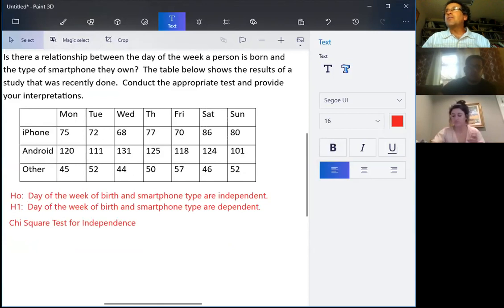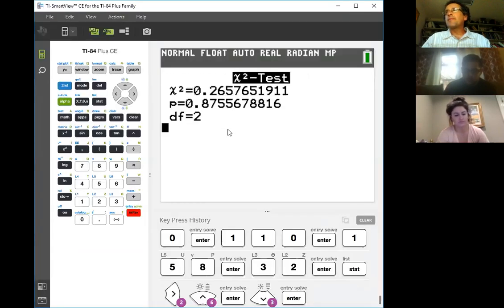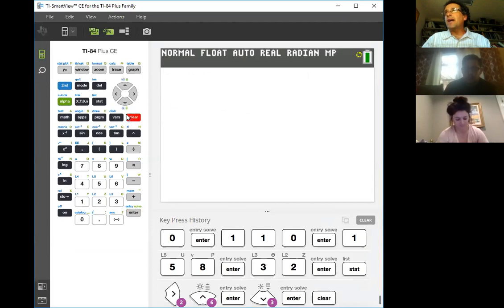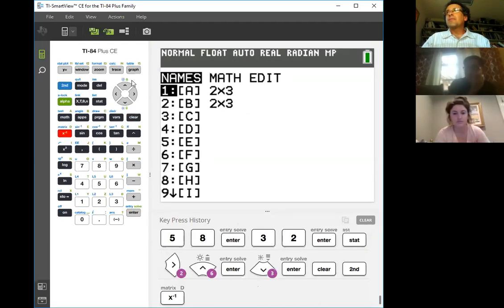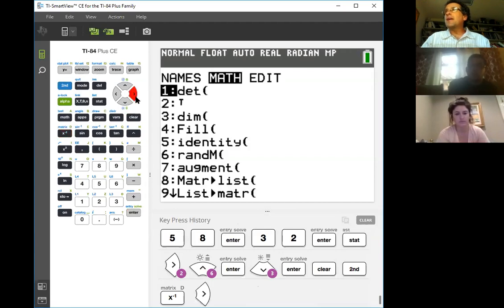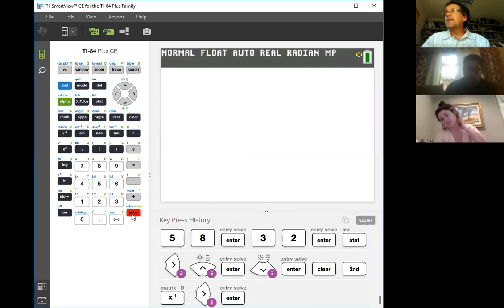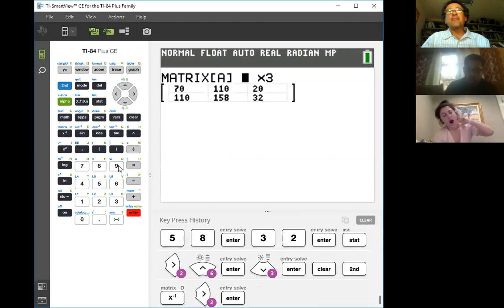So I'm going to go to my calculator. Clear what we had. I'm going to go to second matrix, and then I'm going to go to edit. It's not 2 by 3 anymore.